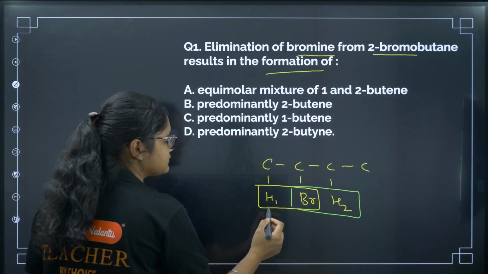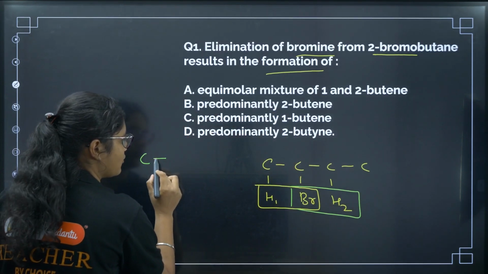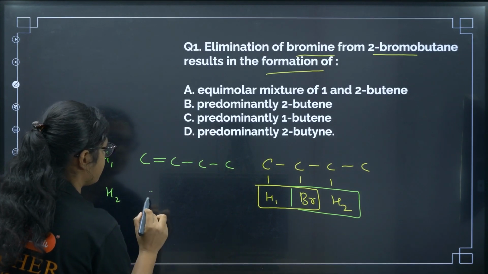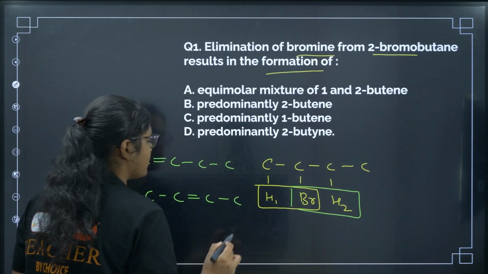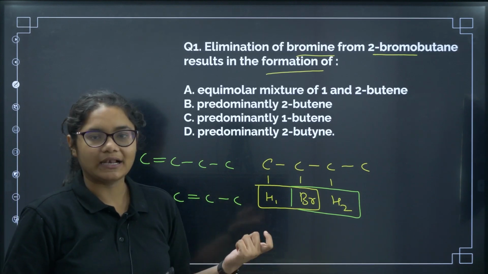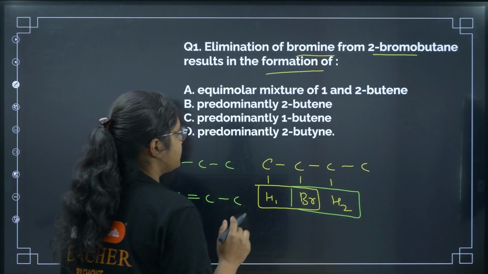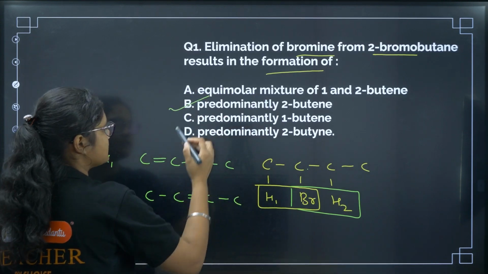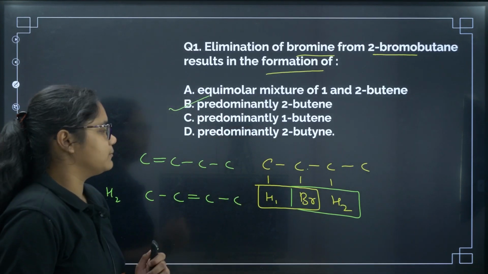Now if the first one H1 eliminates, then we will get a product like this, and if H2 eliminates, then we will get a product like this, right? So according to Saytzeff rule, the more substituted alkene is always formed. So the product here will be predominantly 2-butene, right? So the correct answer for this question will be option number B.